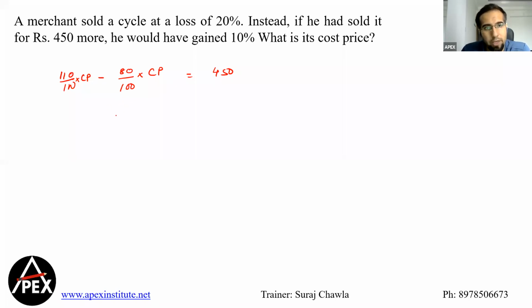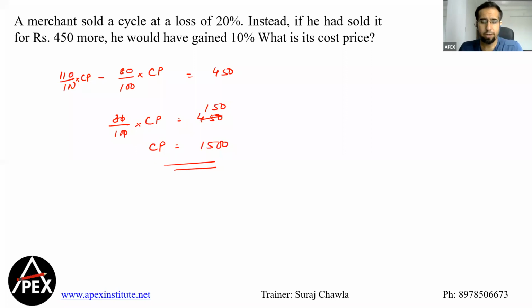Clear, guys? So all I get here is 30% of CP is equal to 450, or zero and zero get cancelled, 3 ones are 3, 150s, which means the cost price is equal to 1500. That's going to be our answer. Clear?